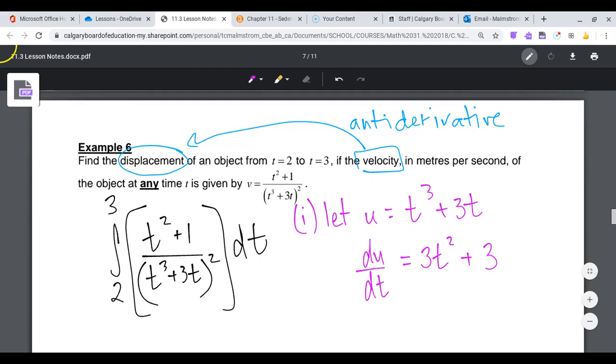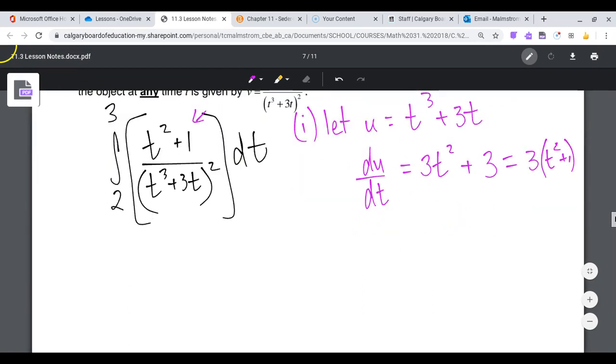Now, looking at what I have as my numerator, I might want to see that that is actually equal to 3 factored out, t squared plus 1. And then I'm going to rearrange this so that I have dt, because that's the one I'm going to want to replace. So dt is equal to du on 3 multiplied by t squared plus 1.